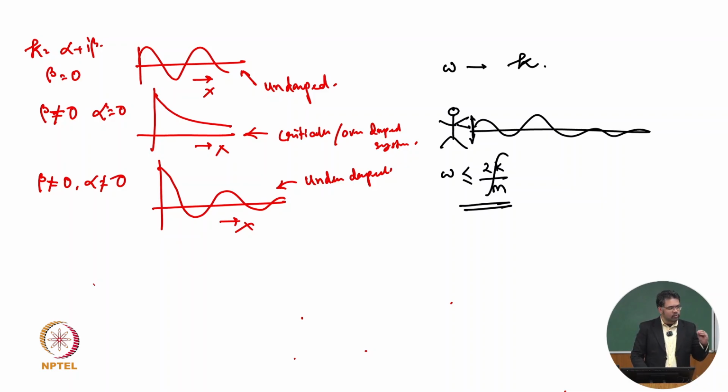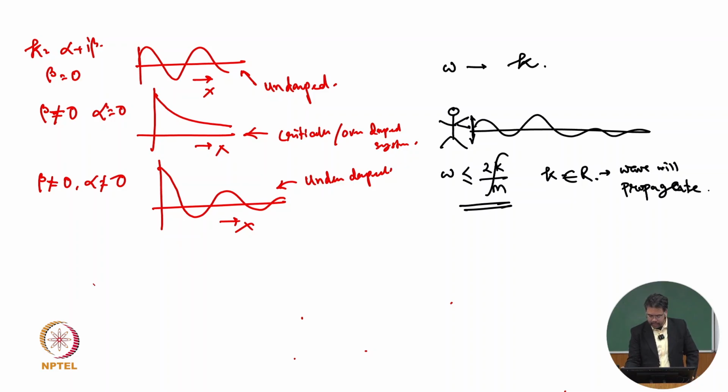But once we increase the frequency and cross that, what will happen? In that case, kappa is real, and the wave will propagate, because we get a solution with alpha.